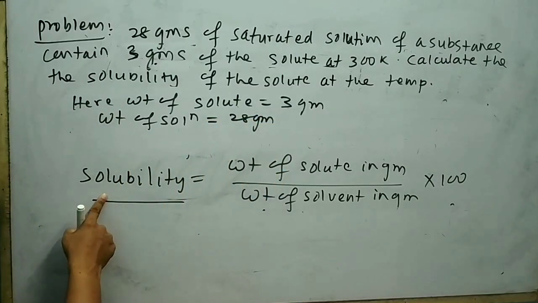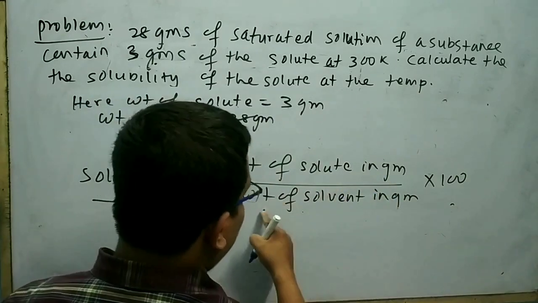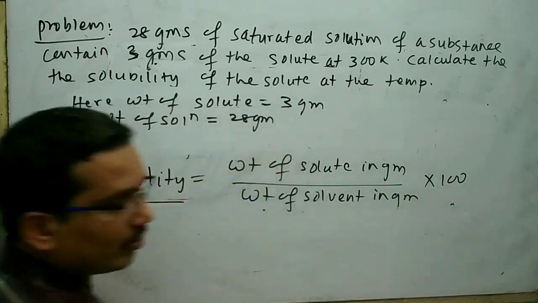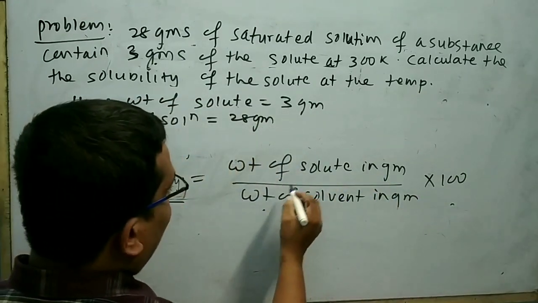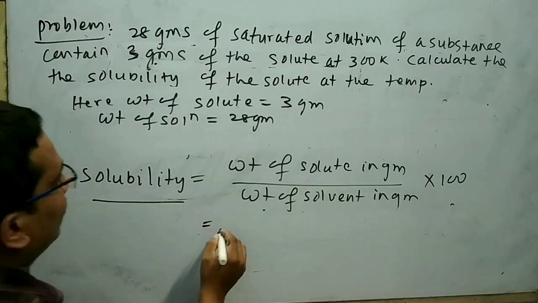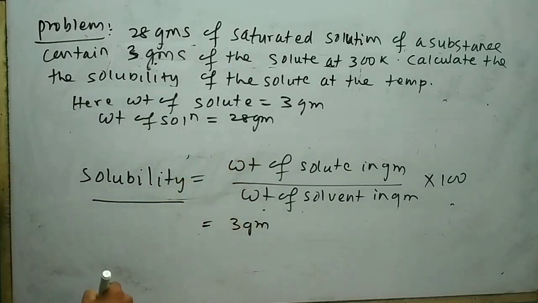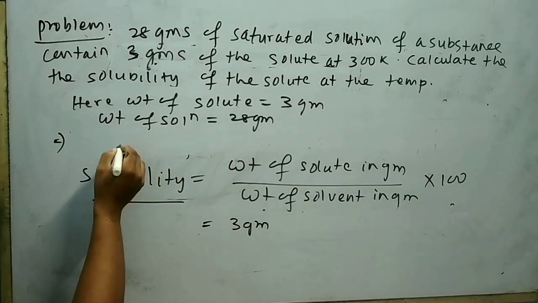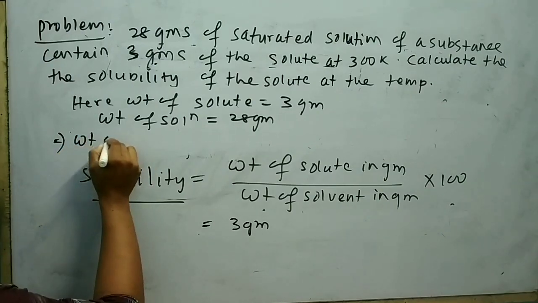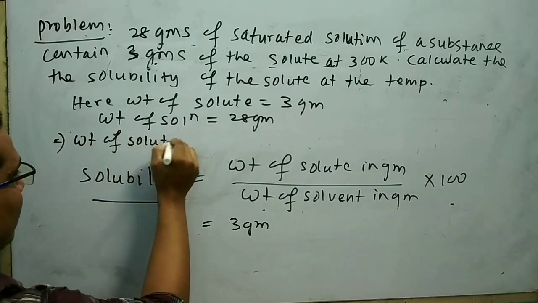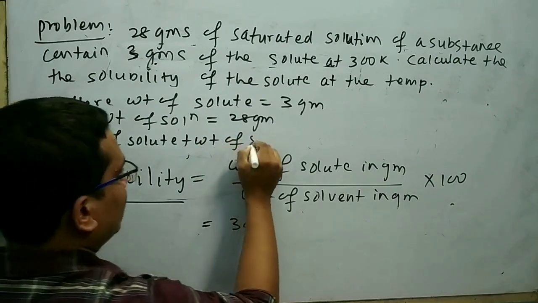We know that solubility equal to weight of solute in gram divided by weight of solvent in gram into 100. Here weight of solute is your 3 gram but weight of solvent is not given. Here weight of solution is given. We know that weight of solution equal to weight of solute plus weight of solvent.